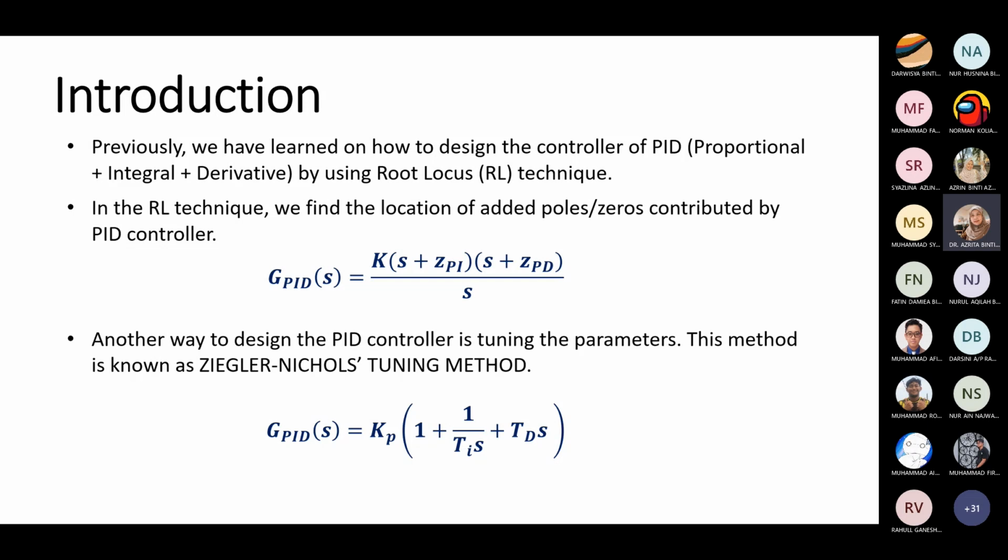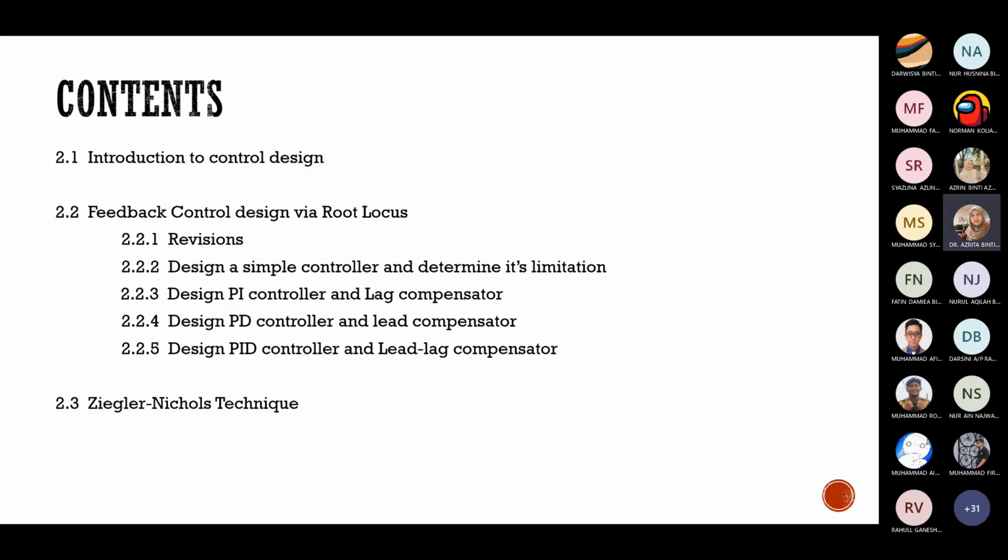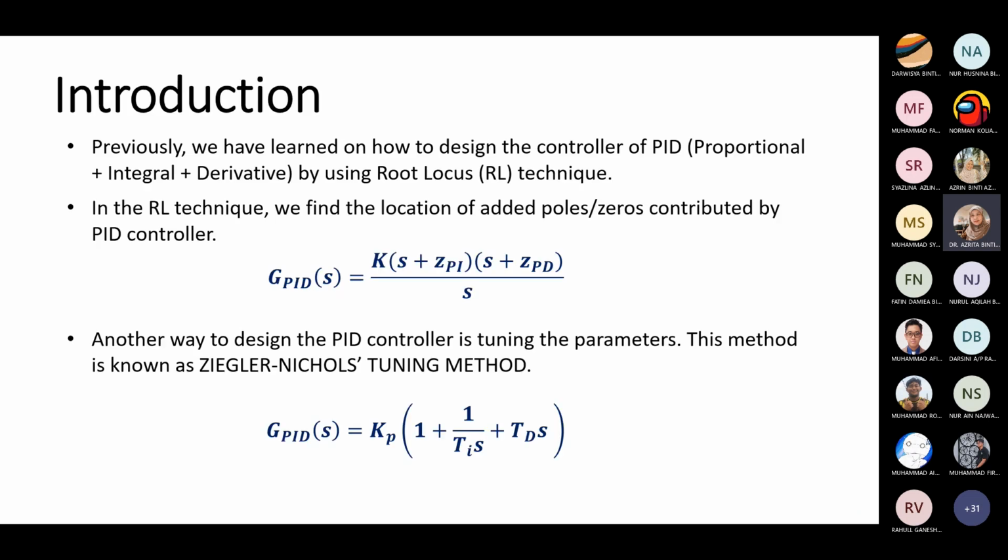Okay, for the Ziegler-Nichols technique, before this we learned all these types of controllers using the root locus technique. So Ziegler-Nichols is a different technique that we use to design the PID controller, which is proportional, integral, and derivative.